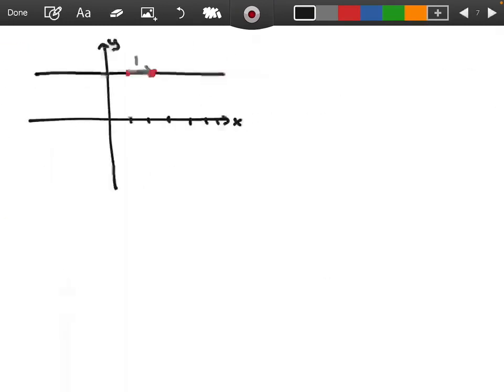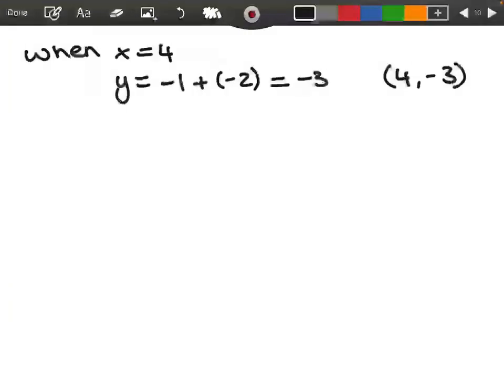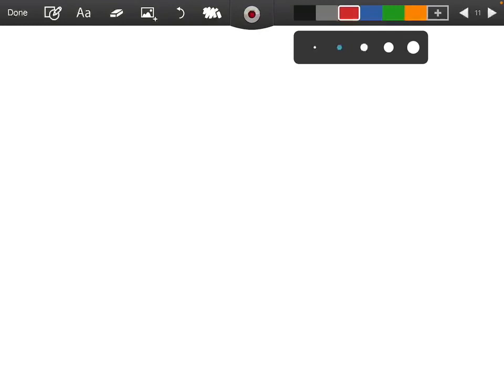The next form of a line that I want to look at is called the point-slope equation of the line. So far we have looked at the slope-intercept form of a line. We've looked at the general equation for a line. Now I want to rearrange again, and this time I'm going to look at the point-slope equation of a line. It's still another equation for any particular line, just written in a slightly different form.